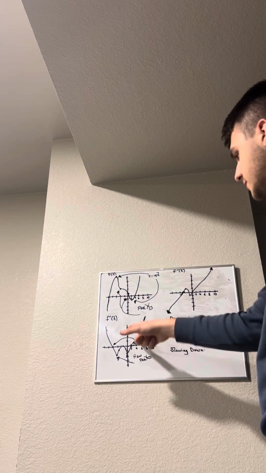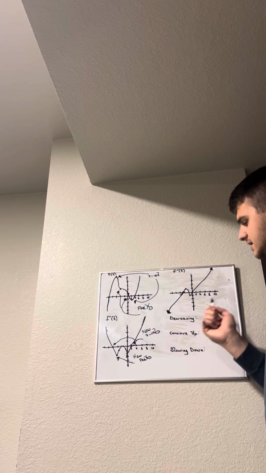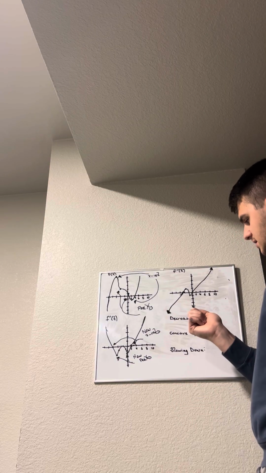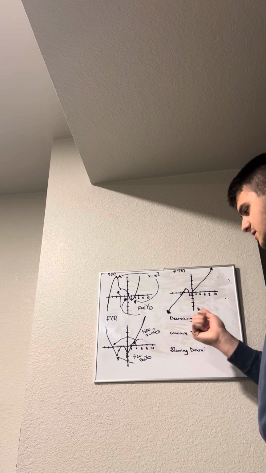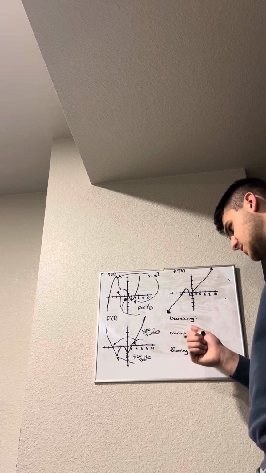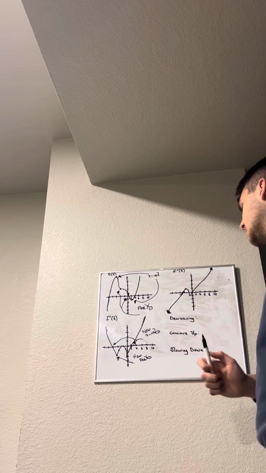Okay, so now that we found both the first derivative and second derivative graphs of f of t, now we got to determine the intervals at which the graph of f of t is decreasing, the intervals at which it's concave up, and the intervals at which it's slowing down.